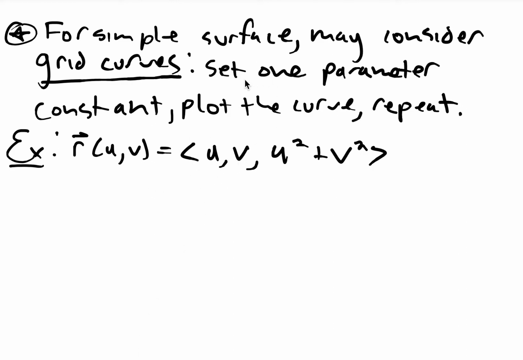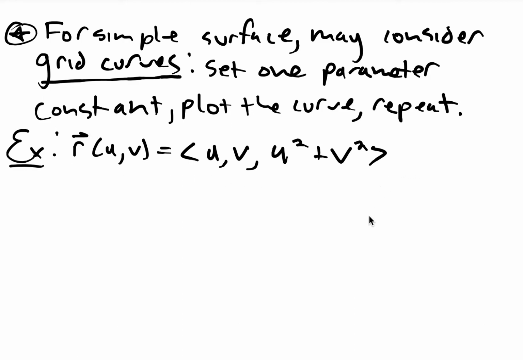If you wanted to pick one of these parameters, either u or v, doesn't matter, you can do this one at a time. If you pick one of the parameters and set it constant, what that's going to give you is a parameterization that only appears to have one variable in it, and that'll look a lot like a curve.